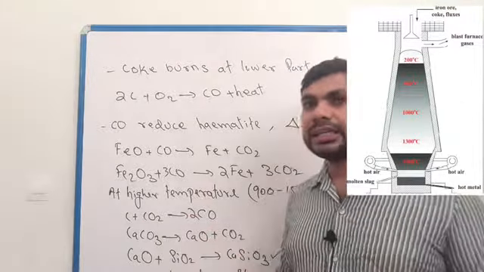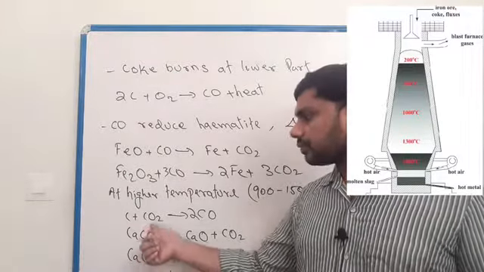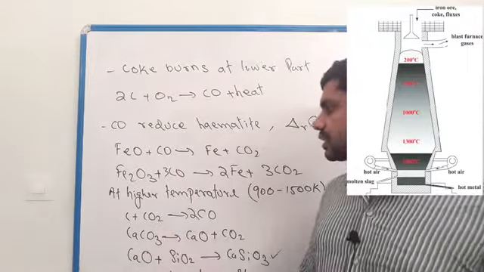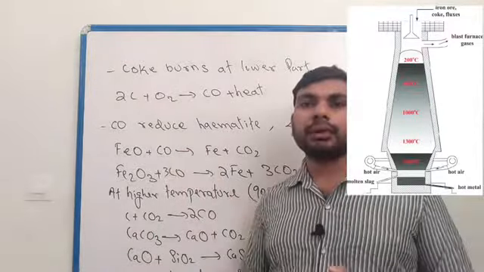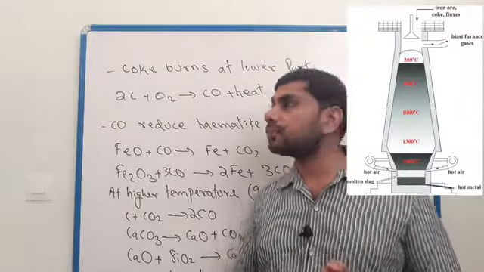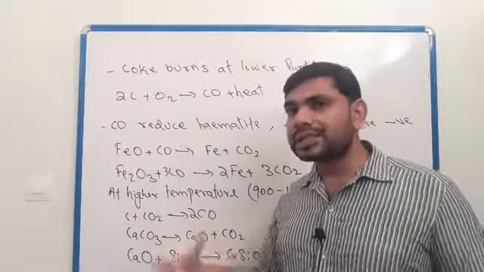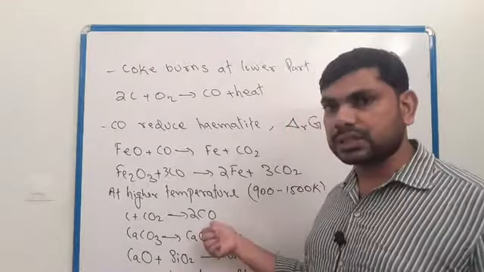At very high temperature, in the lower part of the blast furnace, coke reacted with oxygen formed carbon monoxide and carbon dioxide. The carbon dioxide formed again reacts with the coke, forming carbon monoxide.